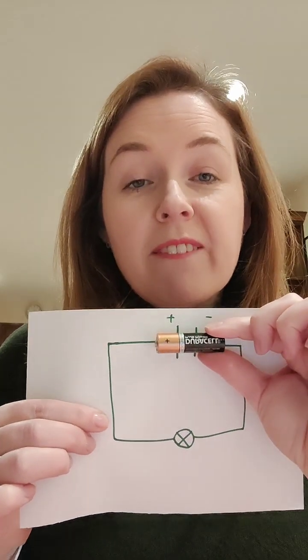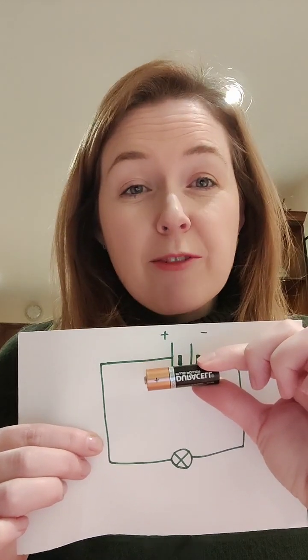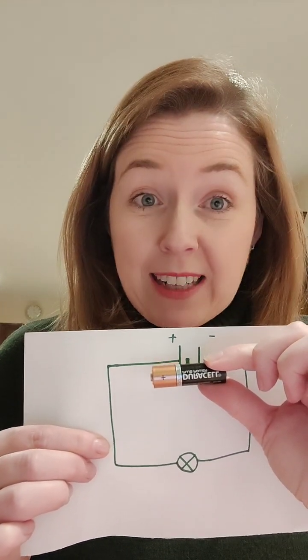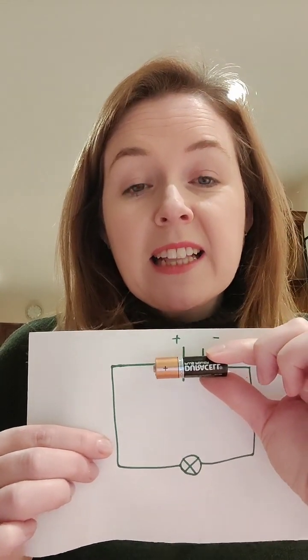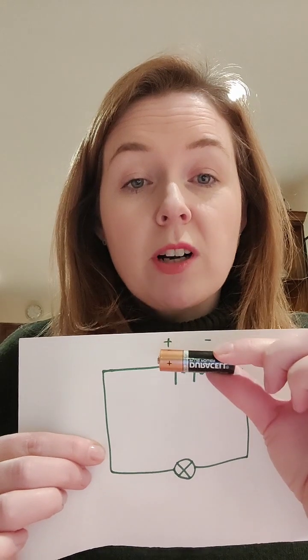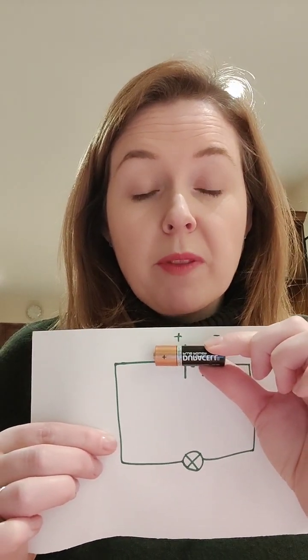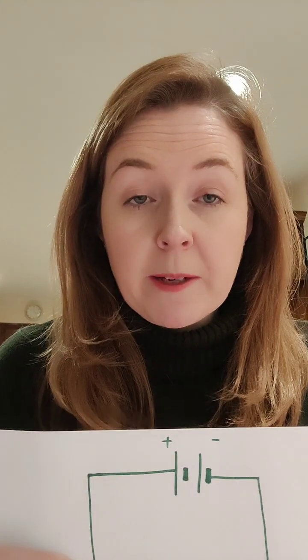And conventional current, which was first recognized by Benjamin Franklin, he assigned basically anything that did the work a positive charge. So he assumed then that the flow of electrons went from the positive end round to the negative, and that's what we call conventional current.